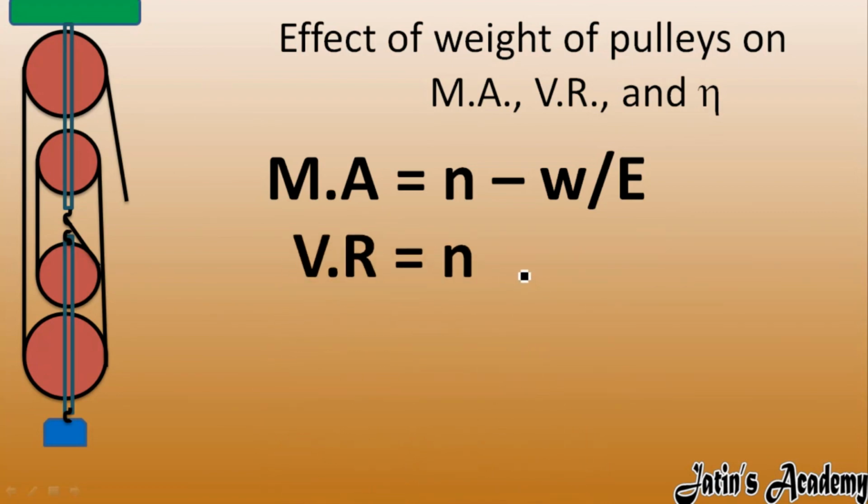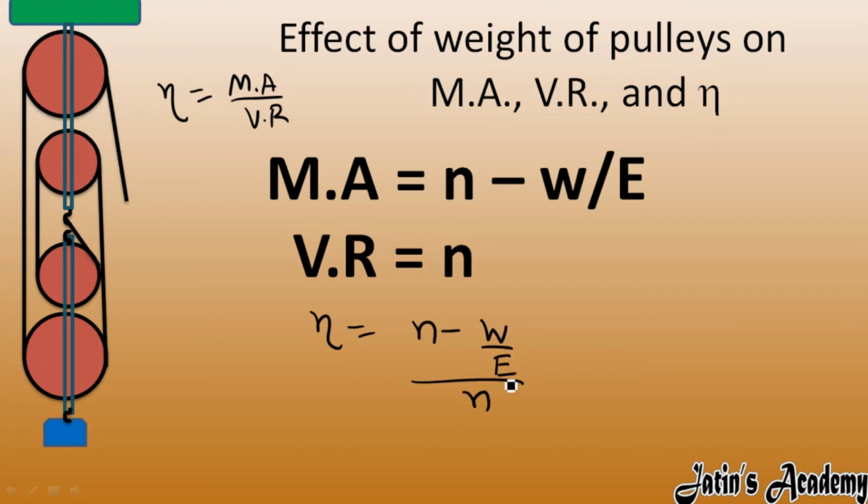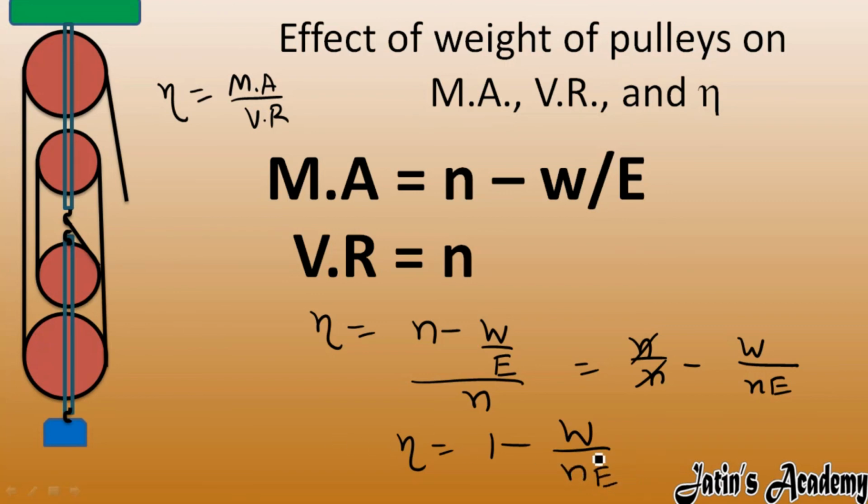Now we have to calculate the efficiency. Efficiency is mechanical advantage over velocity ratio. Now just divide: n minus W upon E divided by n. Just separately divide it. So here we got efficiency as 1 minus weight of these movable pulleys divided by n number of pulleys into the effort which we are applying.